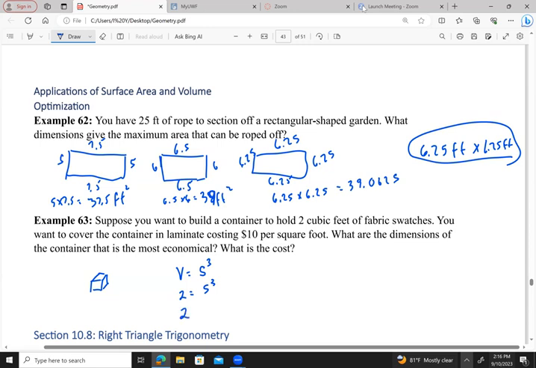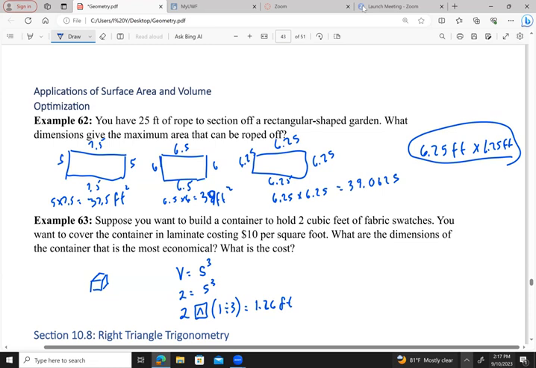We do 2, hit your caret button, open a parentheses, 1 divided by 3, and that should give you essentially 1.26, rounding up. It's 1.25992105. So we'll call it 1.26. So each of our sides is 1.26 feet.